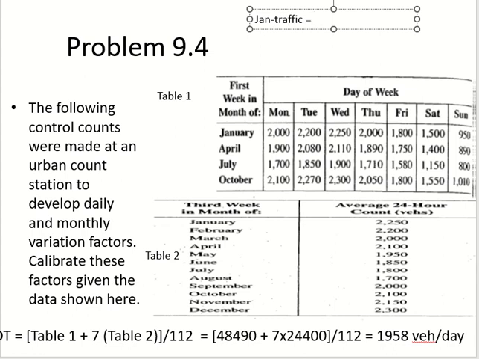We have 7 values of January in the first table, and then we have this value from the second table, so 8 values. This is for 7 days, right? Again, we need total. This is an average. I need total again, right? So multiply by 7. Yeah. So what is the total traffic of January?